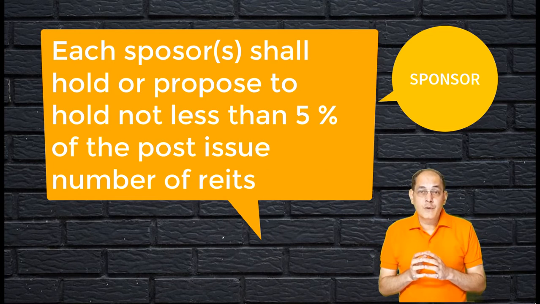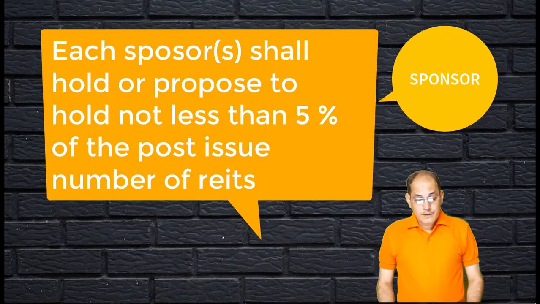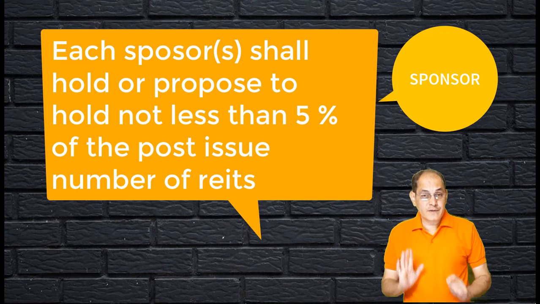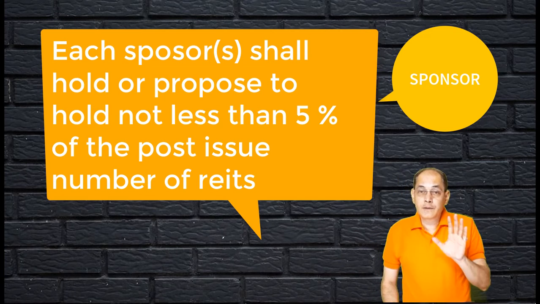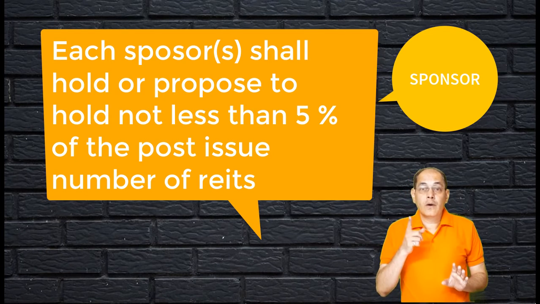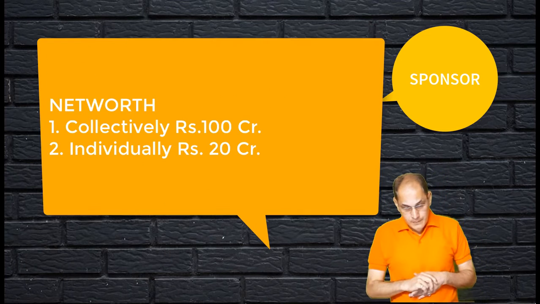Conditions attached to sponsor: each sponsor shall hold or propose to hold not less than 5% of the number of units of the REIT on a post initial offer basis. So the sponsors must hold not less than 5% of the units on a post issue basis.